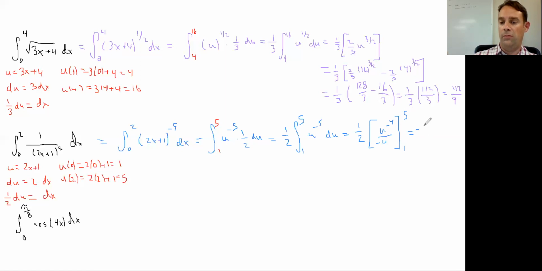So I can make that a -1/8 right now, if I just don't want to deal with the exponent. So now it's -1/8 times 5 to the -4 minus 1 to the -4.